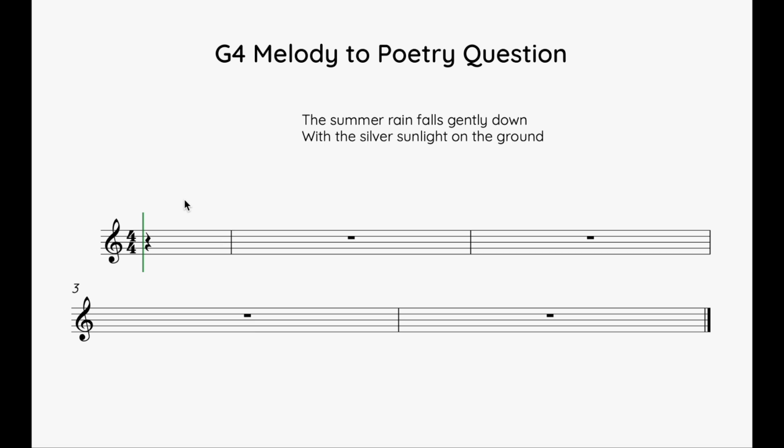So you can start off by saying it in a duple way: the summer rain falls gently down. You can see that that's fitting quite well. If I tried to do that with a 3-syllable triplet feel, the summer rain falls gently down, it just feels really weird, so you wouldn't do that. So I think we can establish 4/4 will work well.